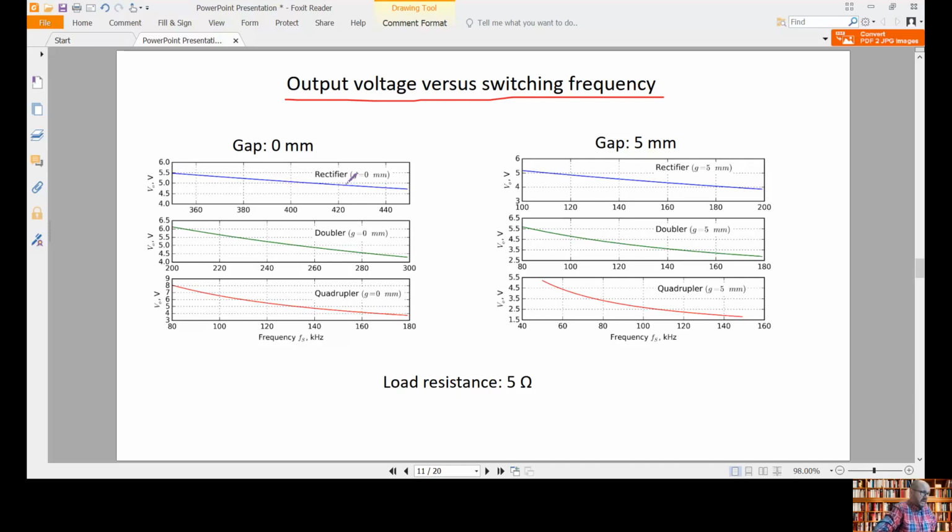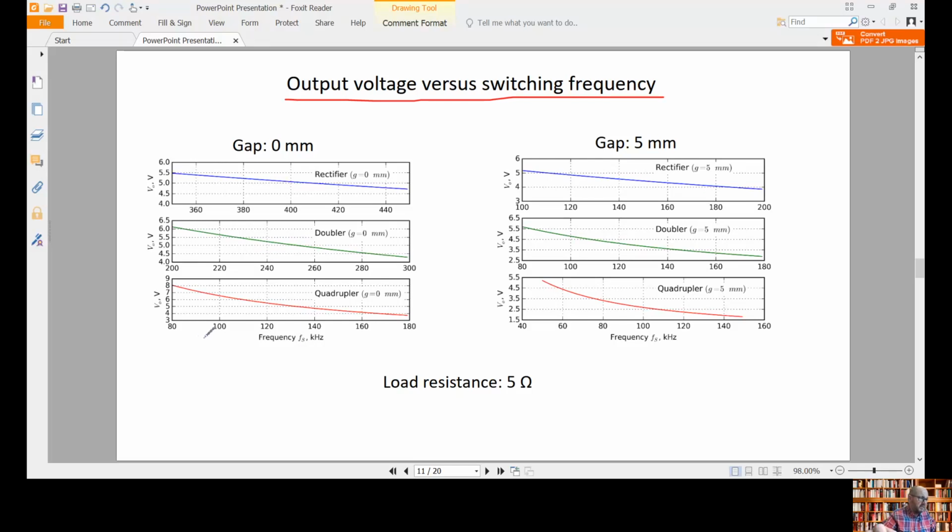Our target output voltage was 5 volts. So we have looked for a switching frequency that allows us to get this value. If we use a doubler circuit, then we need to decrease the switching frequency in order to have an output voltage around 5 volts.